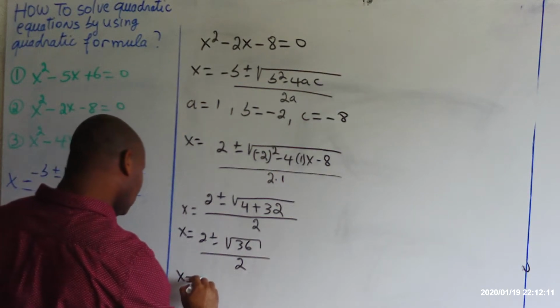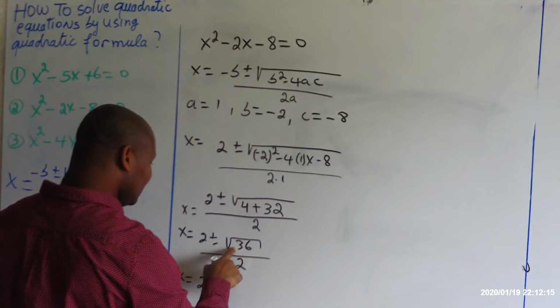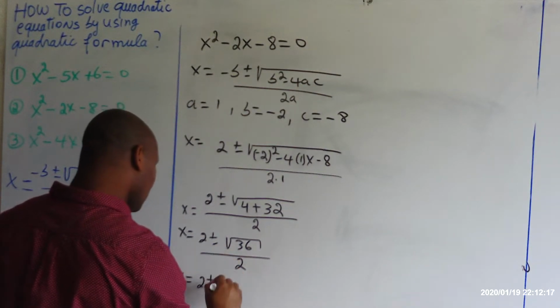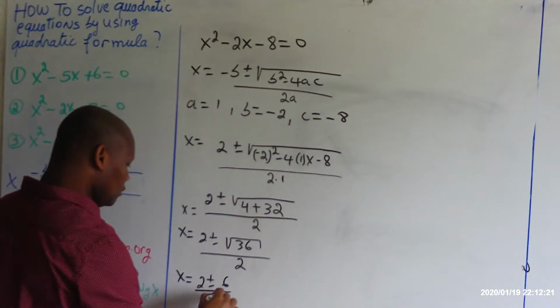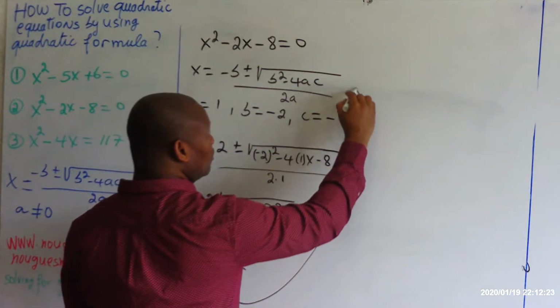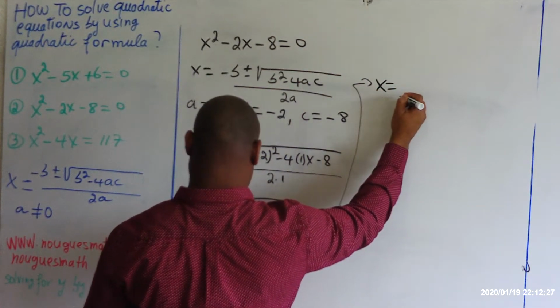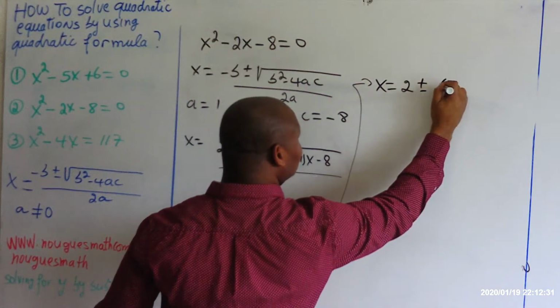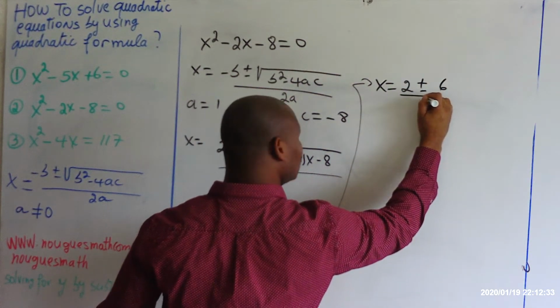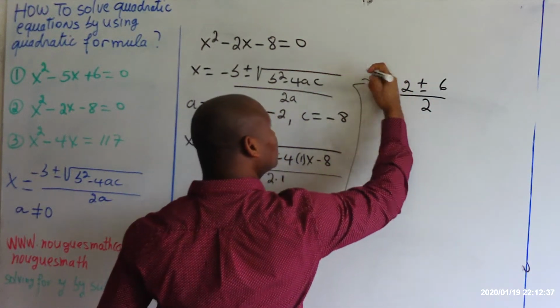So you have 2 plus or minus the square root of 36, that's 6, okay? You have 6 over 2. So you have x equal 2 plus or minus 6 over 2.